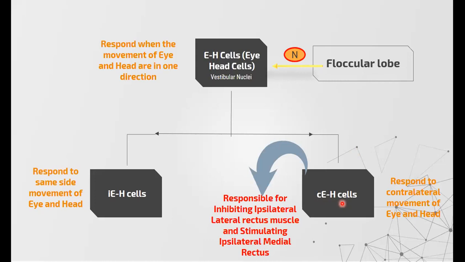So the right eye should move to the left side. My medial rectus of the right eye should contract, and simultaneously my lateral rectus of the right eye should be inhibited. This function is done by these contralateral eye head cells. It is responsible for inhibiting the ipsilateral lateral rectus muscle and stimulating the ipsilateral medial rectus.